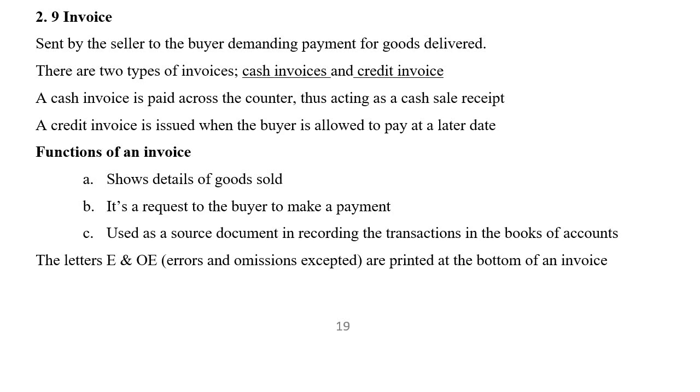Number one, we have cash invoices, and number two, we have credit invoices. Let me tell you more about a cash invoice and a credit invoice. A cash invoice is paid across the counter, thus acting as a cash sale receipt, while the credit invoice is issued when the buyer is allowed to pay at a later date.